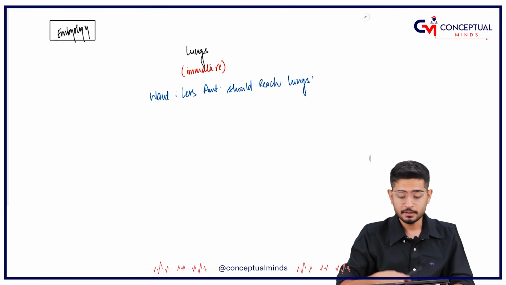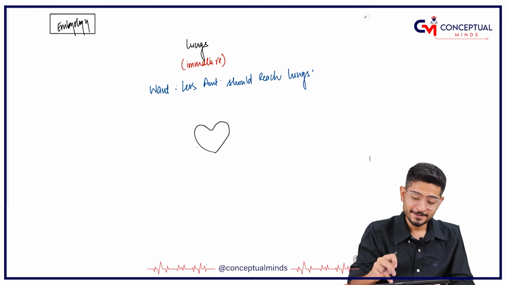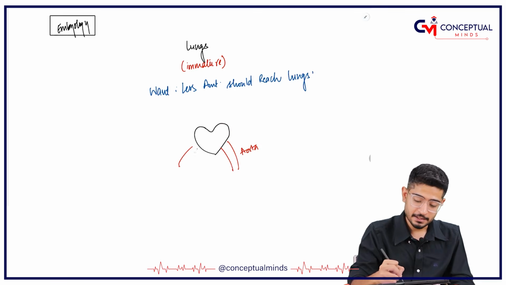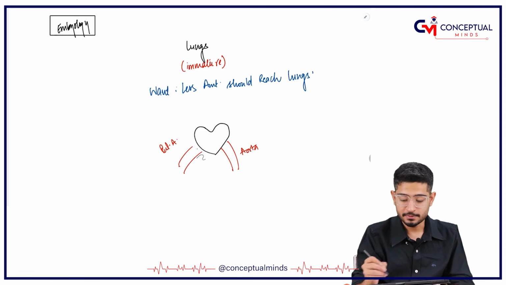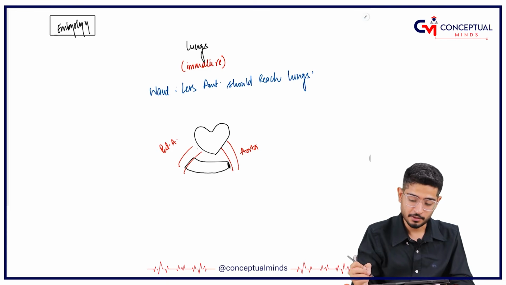Now what is important is that this is the heart. I'll draw it like this. This is the left side of the heart, this is the aorta which is coming out, and this is the pulmonary artery which is coming out. In the embryological period, there is a connection between these two, the pulmonary artery and the aorta.